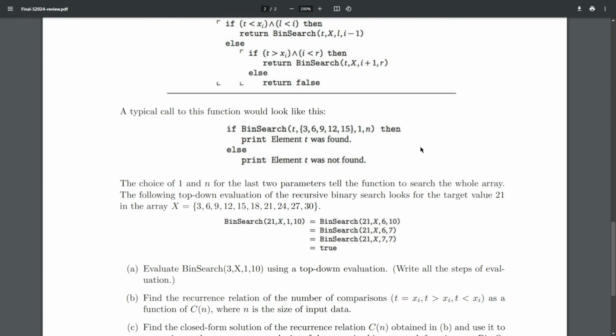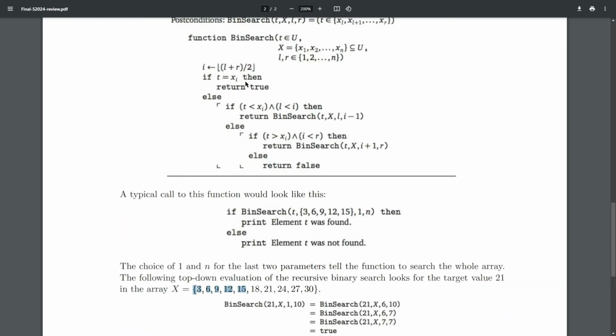So the running time, let's say t of n, is going to be the running time of t of n over 2, which is the running time on half of the array, plus the time you need to make these comparisons. So we have the recurrence relation t of n equals t of n over 2 plus a constant k.